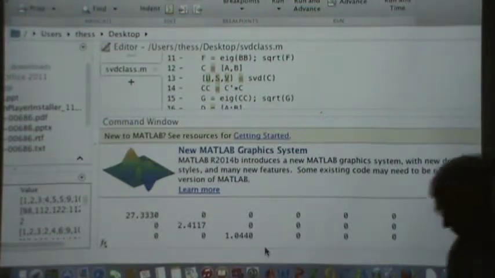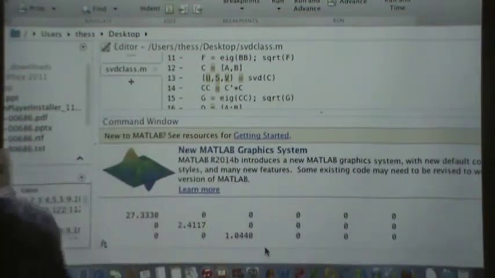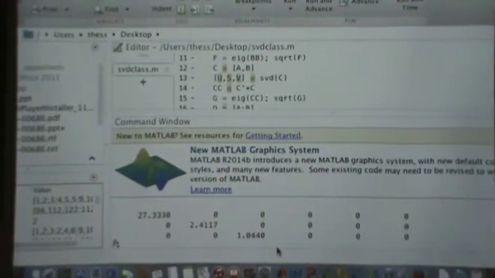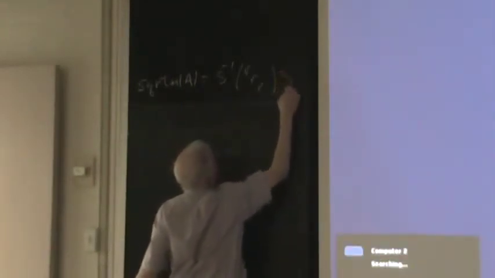So in other words, the formula I'm talking about is, if you do SQRTM of some matrix A, it would be S inverse, the square roots of the eigenvalues of A, and then S. So it would do that.